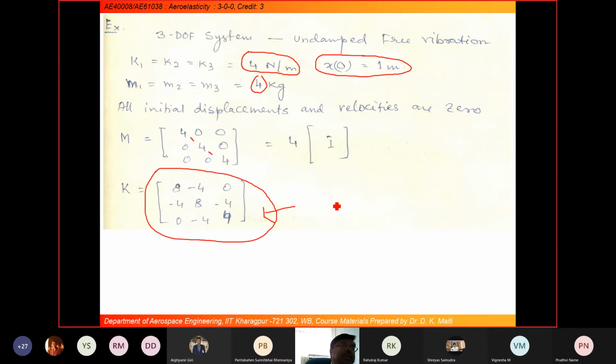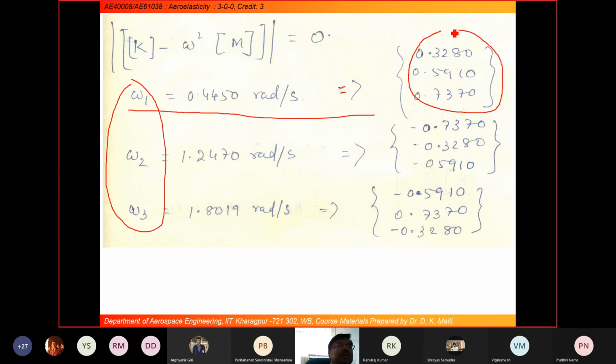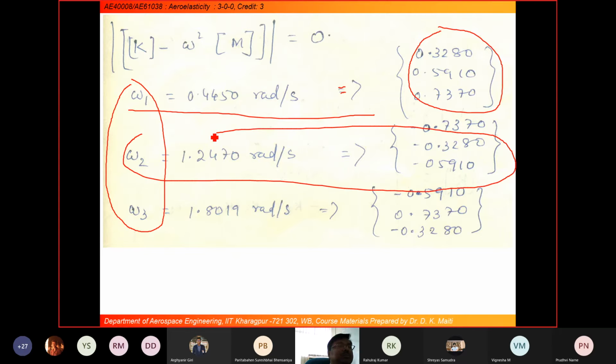So once we get the determinant of k minus lambda into m equal to 0, that will give us the values of lambda. In this case we are getting three values, omega 1, omega 2, omega 3, that is 0.445 radian per second for omega 1, and associated with this frequency I have this modal vector, and similarly for omega 2 I have this modal vector, and for omega 3 this modal vector.